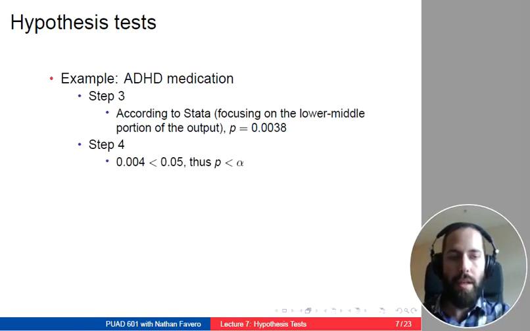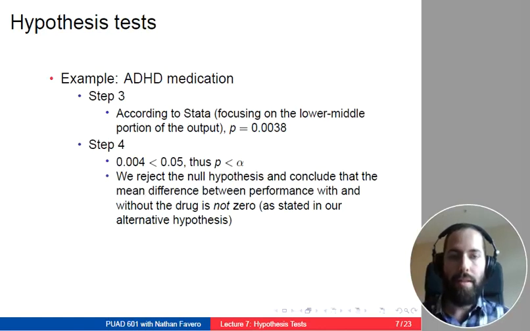And if you skip back to our original slide with the outline of how to conduct a hypothesis test, you'll see that when P is less than alpha, we're going to reject the null hypothesis and accept the alternative hypothesis. And so in this case, what the alternative hypothesis said is that the mean difference between performance with and without the drug is not equal to 0.